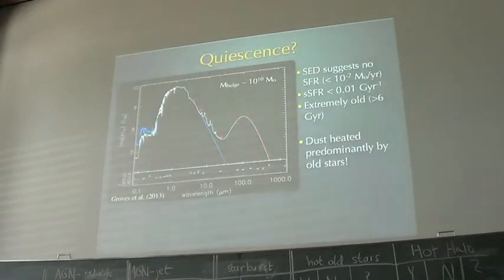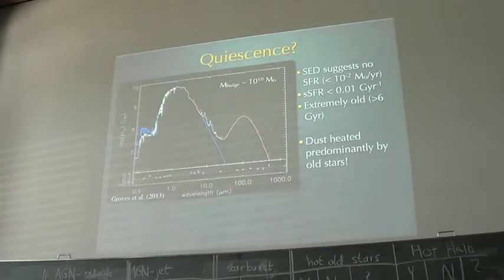But in any case, this model still says that star formation rate is non-existent. It's the upper limit at which a stellar SED can distinguish the star formation rate. So 10 to the minus 11, 10 to the minus 12 specific star formation rates.